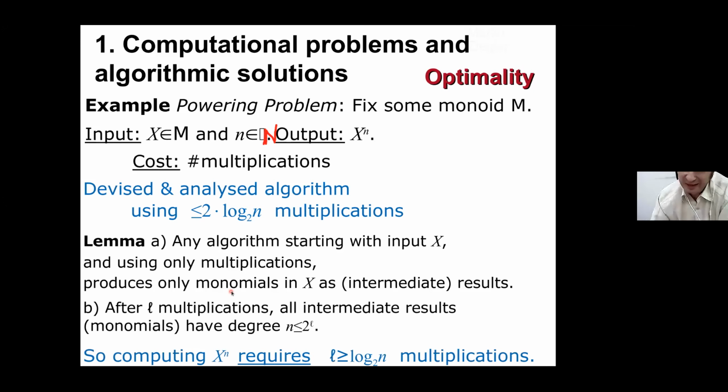This lemma is a kind of proof that logarithm is optimal. For the powering problem, we can prove that log of n is the optimal complexity, and this goes by simply giving some estimate on the size of the elements of the matrix.